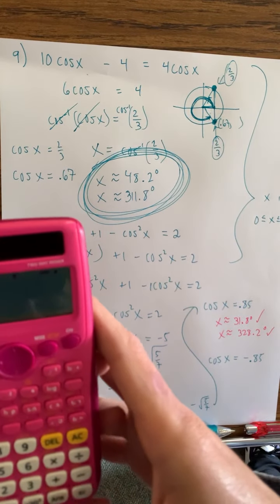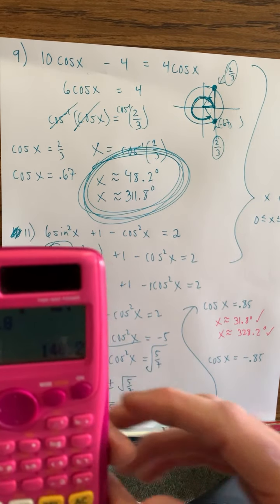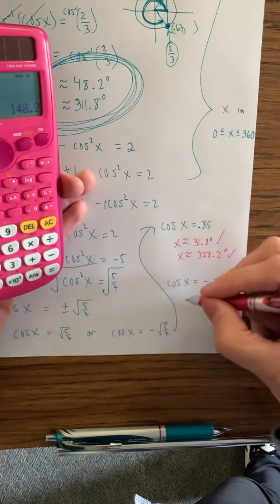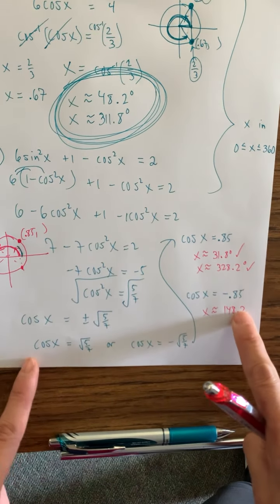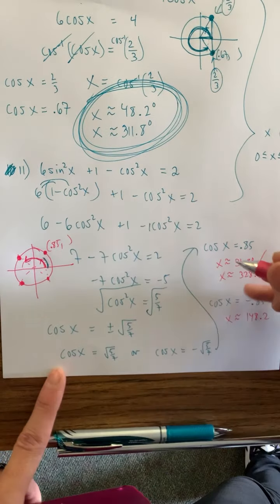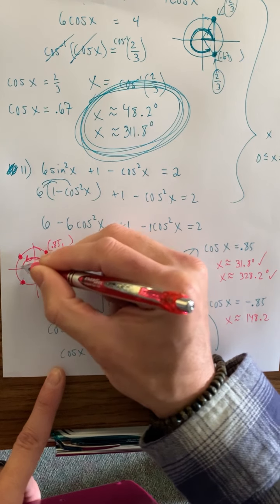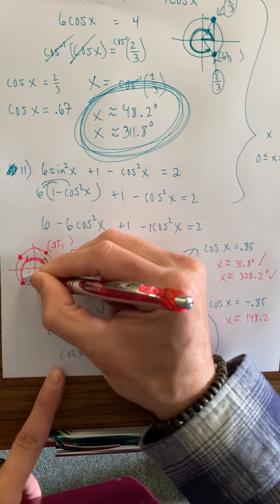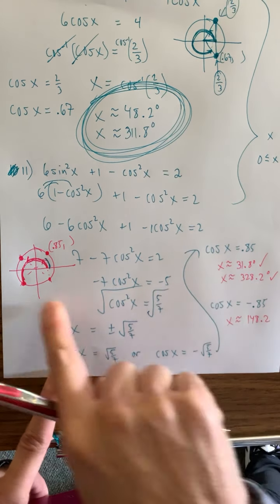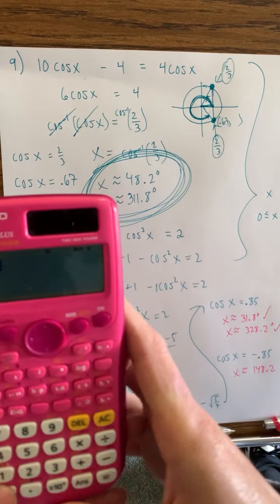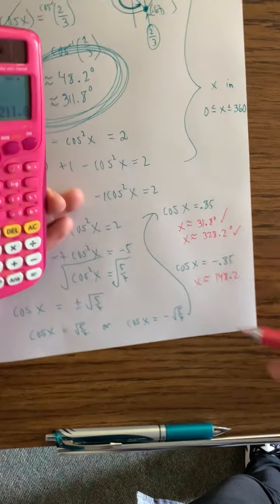So you go 180 minus 31.8, and that's about 148.2. And that one is for this guy. Then the last one is this one here. Notice that this guy is more than 180, by this little bit above 180, which is the 31.8. So for the last answer, you go 180 plus 31.8, and that's about 211.8.